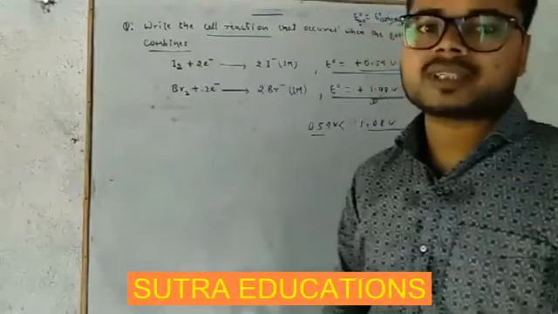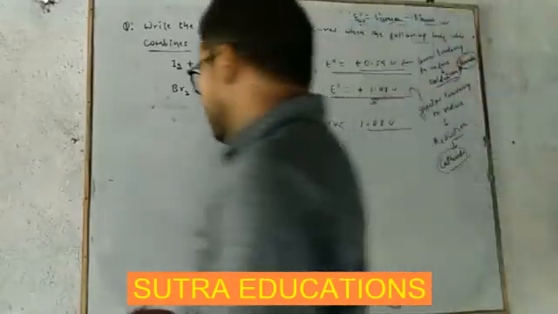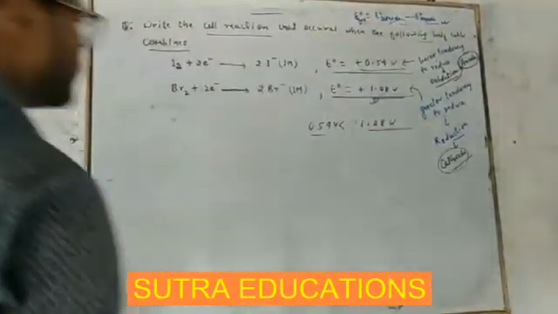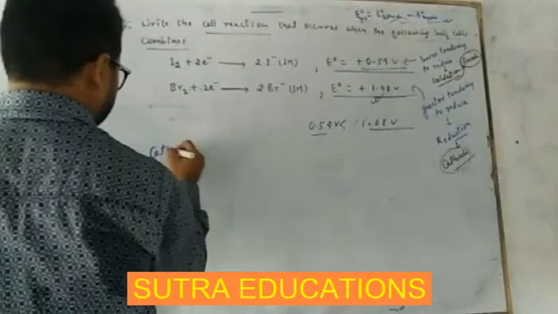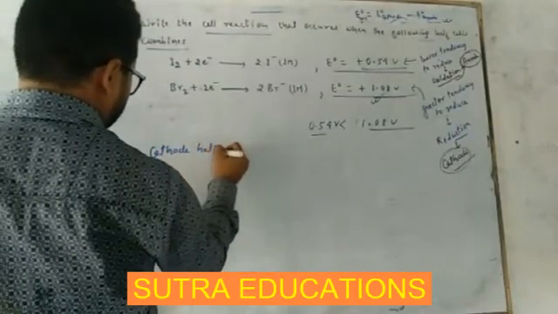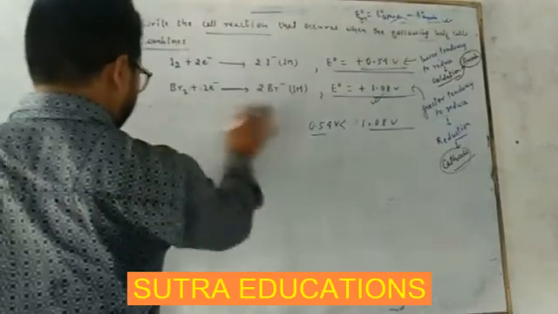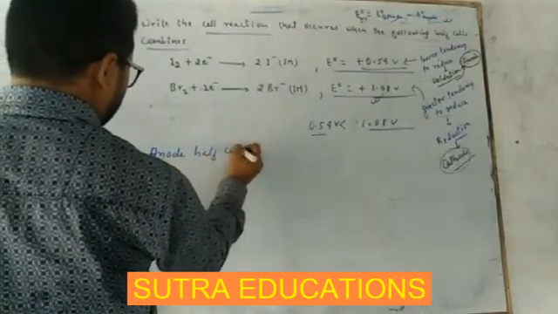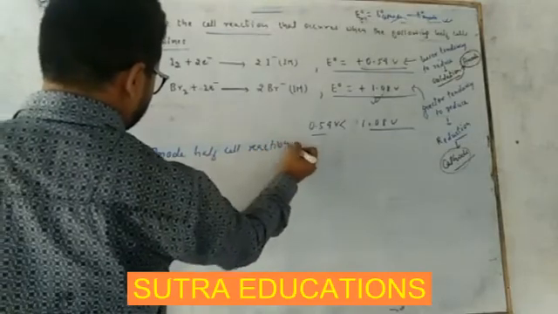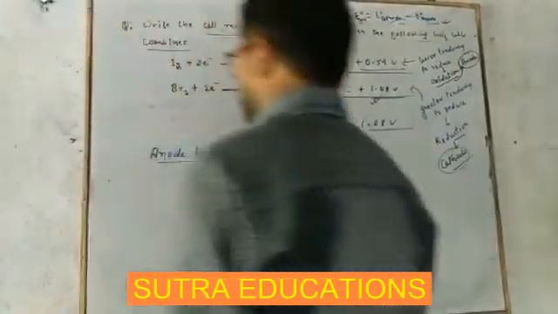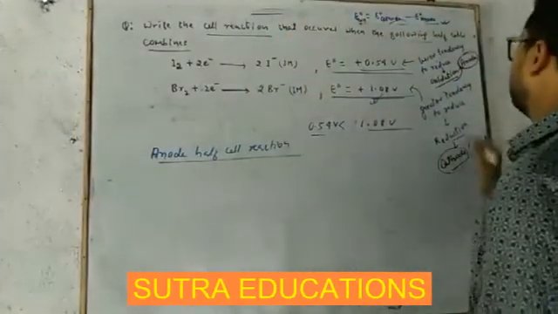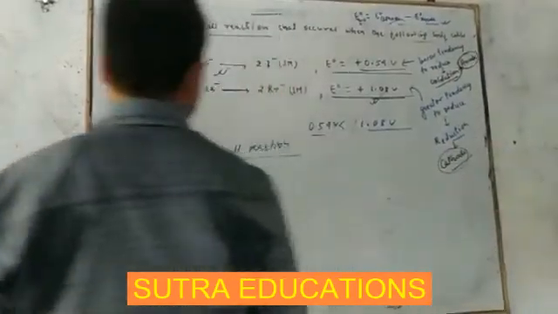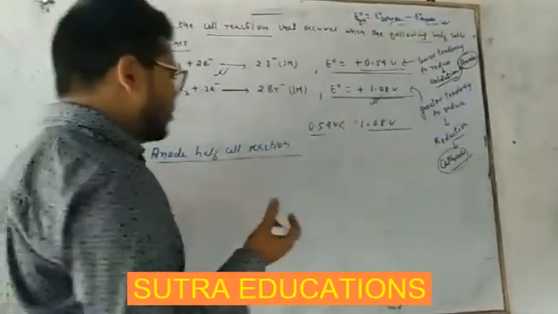Okay, so write the anode half cell reaction at first. We know at anode oxidation takes place, and we have decided this one is going to act as anode. So what happens at anode?